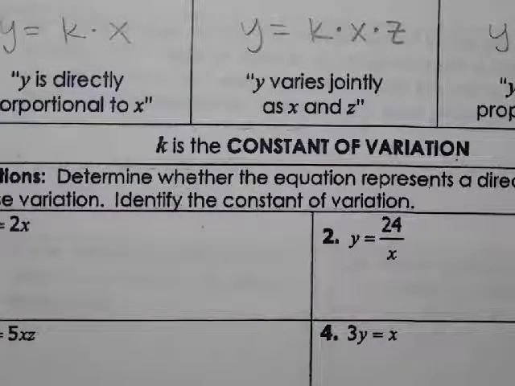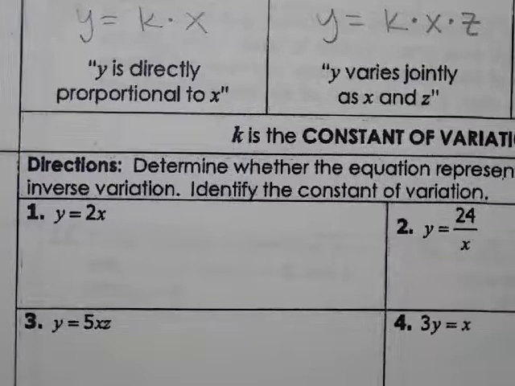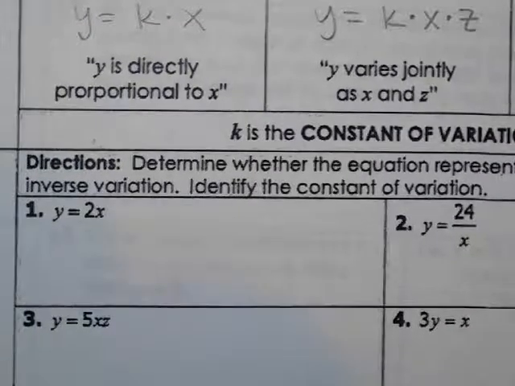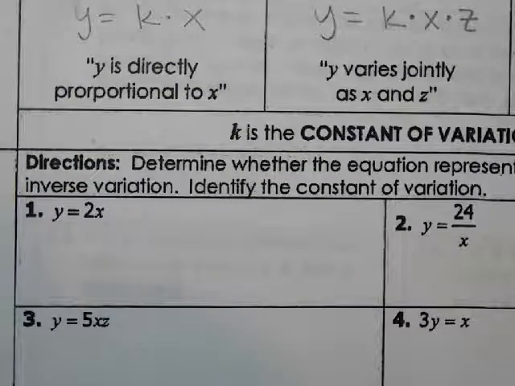So we're going to say what k equals, and then we're going to say which one it is, direct, joint, or inverse. I would write the directions down, but you can shorthand them. Whenever we write examples, we should always say what the directions were, so that if we are to do this on practice problems, we know what type of directions we might see that would make us answer a question a certain way.